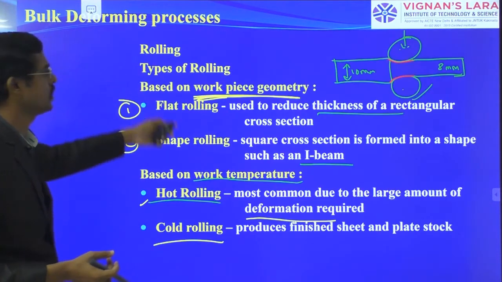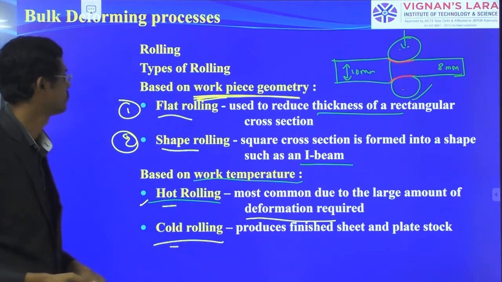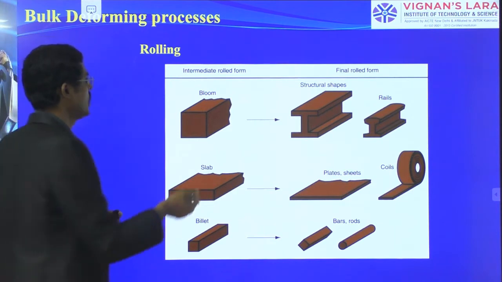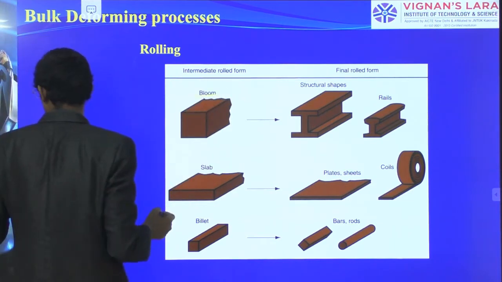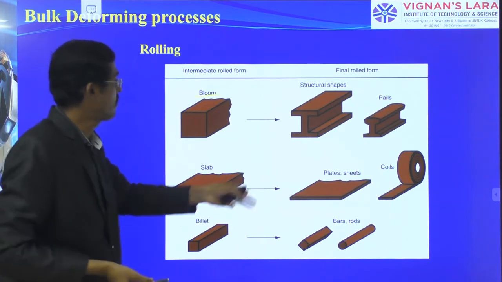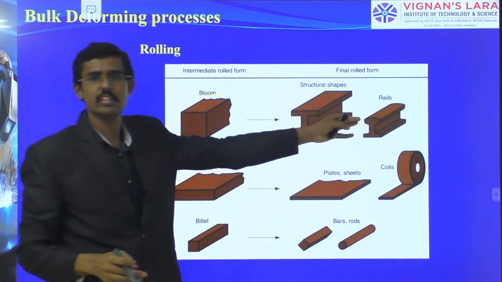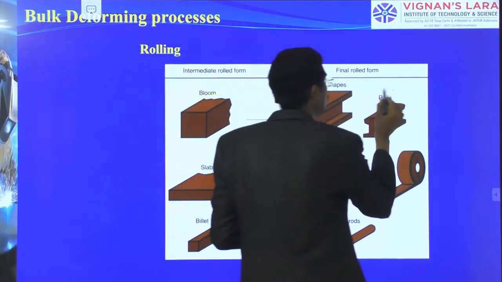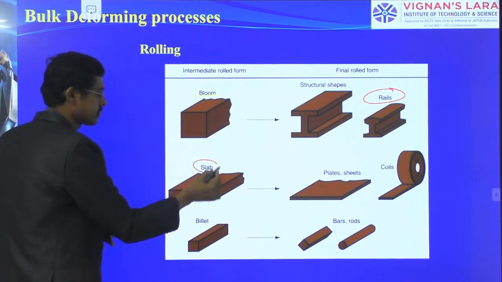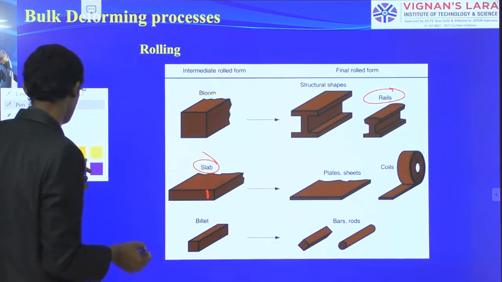So I have divided the rolling process into flat rolling, shape rolling, hot rolling and cold rolling. How am I changing other shapes? You see, I have taken a rectangular bloom. Shape rolling process I have done. Two rollers I have kept here, and I-sections for rails can be formed. Otherwise, I have taken a slab, and its thickness has been reduced.